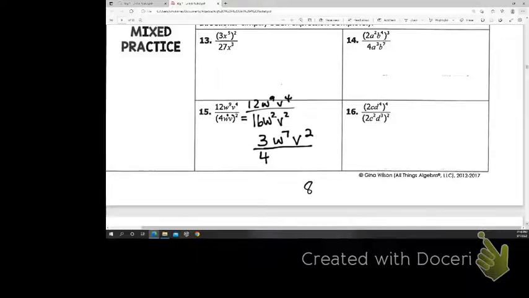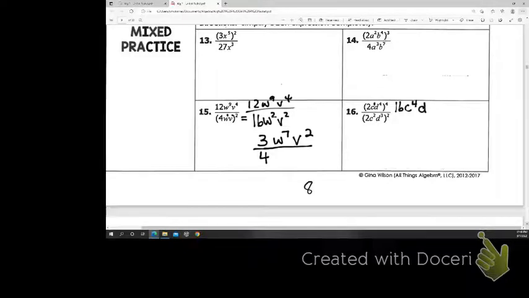And then in 16, it's like a 3-for-1 problem. We're going to use power rule on the top, power rule on the bottom, and then use quotient rule. So 2 to the 4th power, 16. C, I've got 1 times 4 makes that C to the 4th.